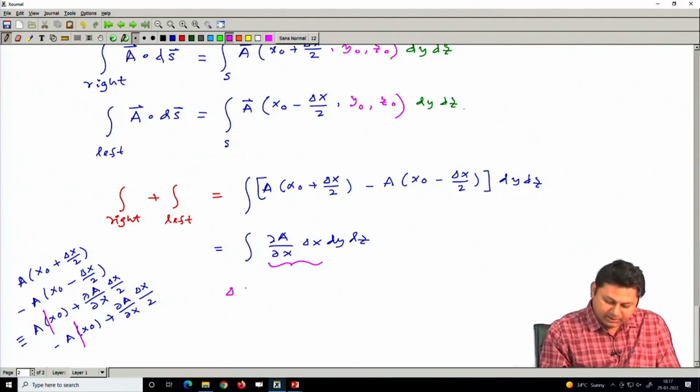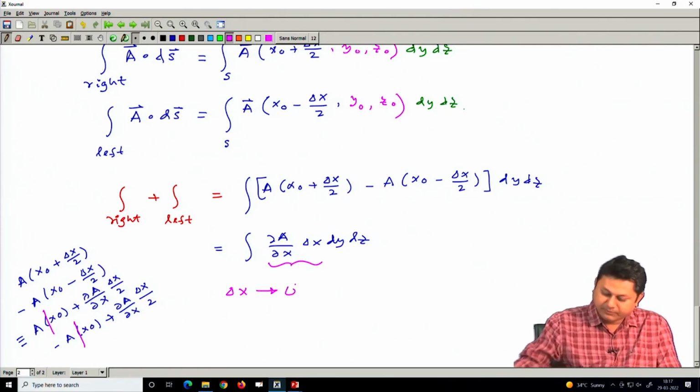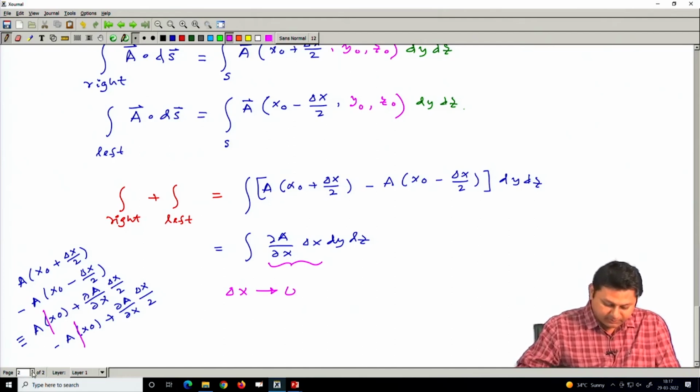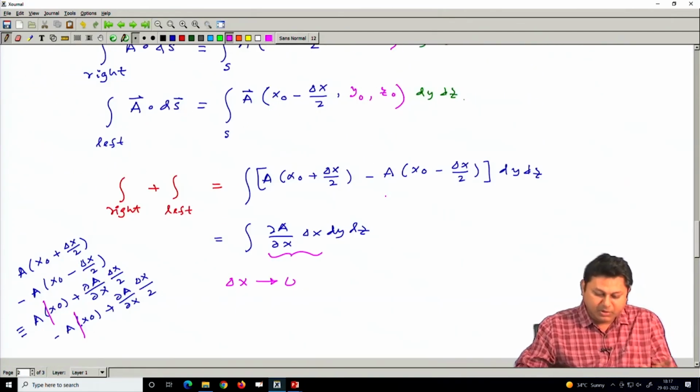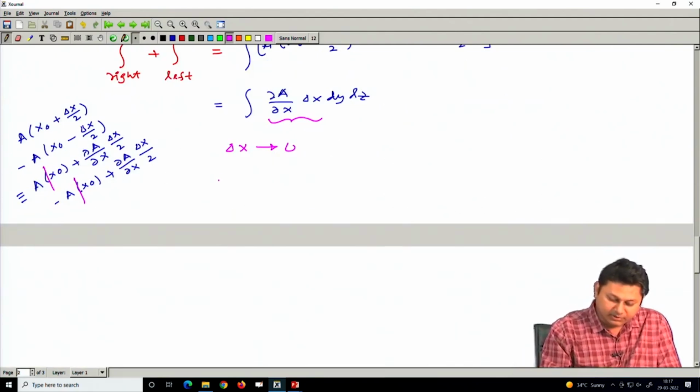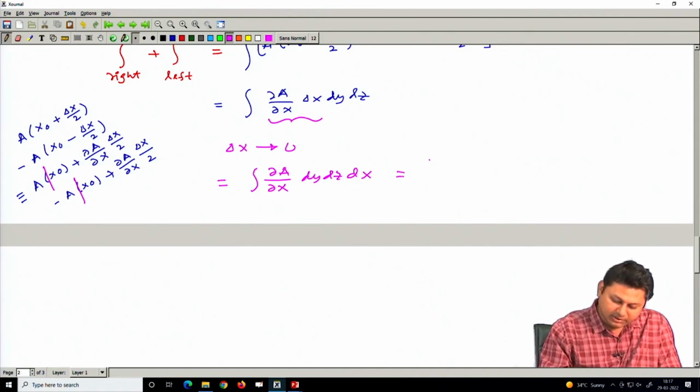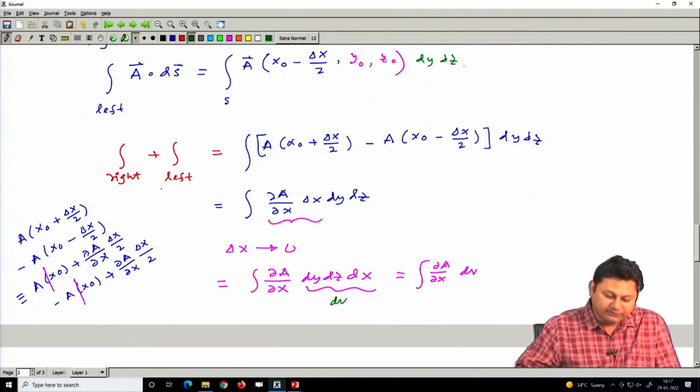Now, with the limit delta x tends to 0, that means for a very small volume element, this integral is simply del A del x dx dy dz, which is nothing but the integration of del A del x dv, because this quantity is simply dv. So, that is for the pair of left and right.